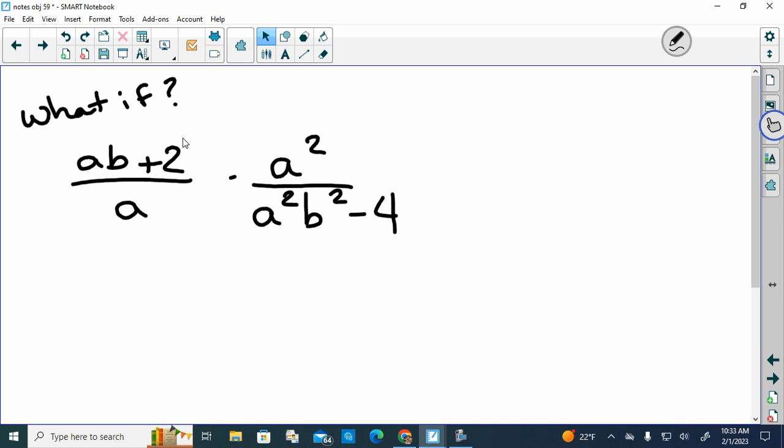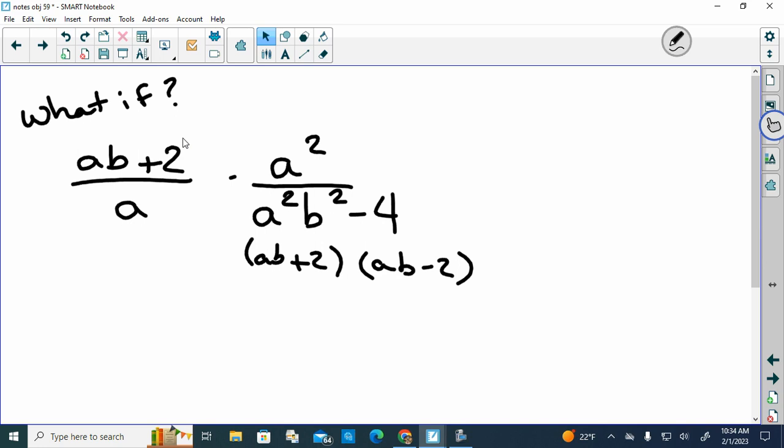Okay, so simplified really is simplified unless you did a and a. Okay, simplifying this one we did on the other page, same thing. Okay, but this one's different than the last one we did.